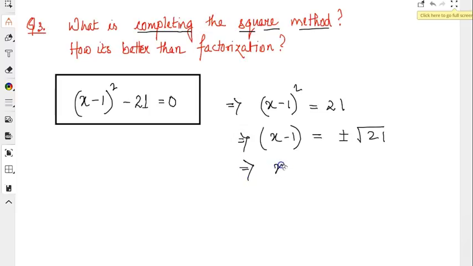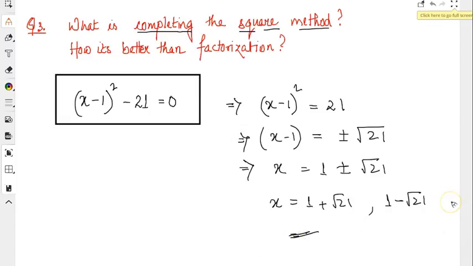And this can be written as x is equal to 1 plus minus root over 21. That means I got two roots, right? That is x is equal to 1 plus square root of 21 and 1 minus square root of 21. So it will be something like 5.5 and minus 3.5 or so. Okay, I'm not going to extreme values.